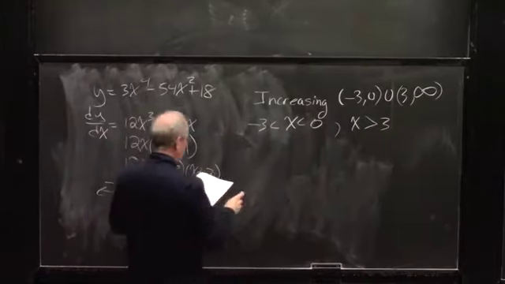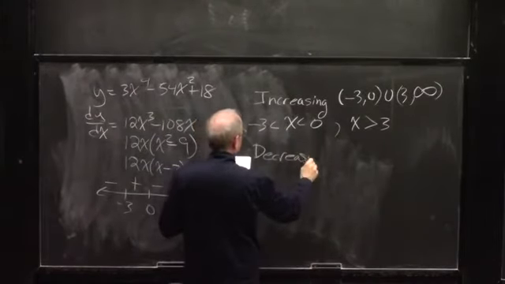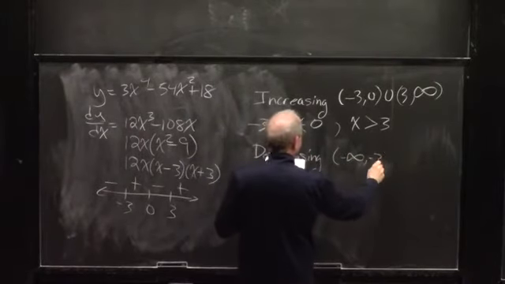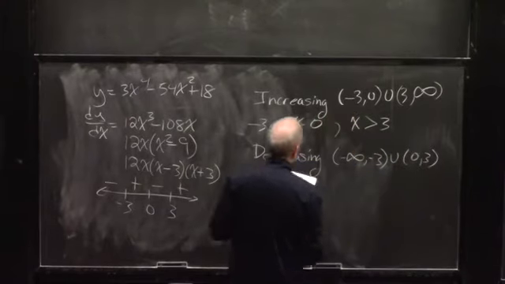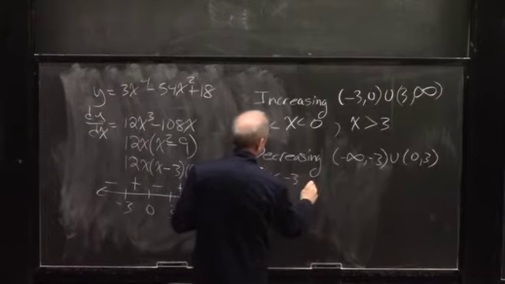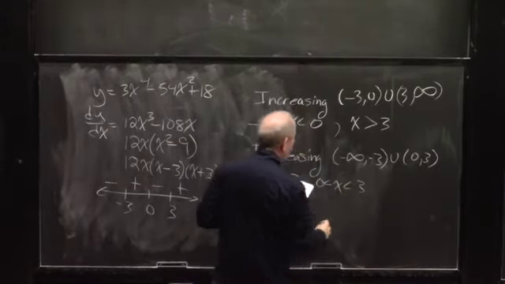And it's decreasing on (-infinity, -3) or (0, 3), or x is less than -3, or x is between 0 and 3.